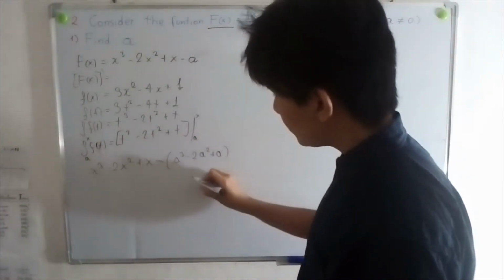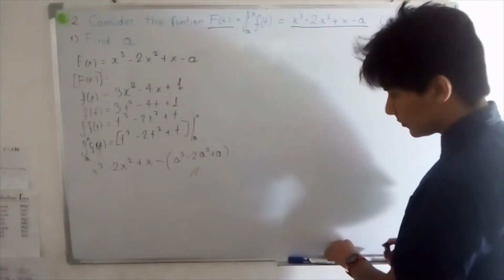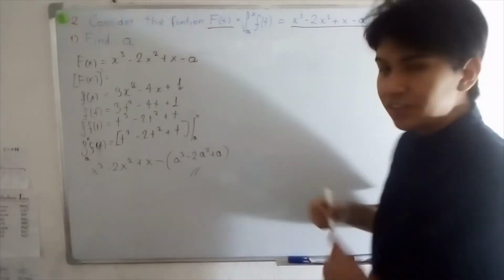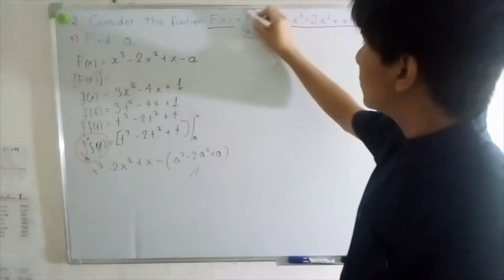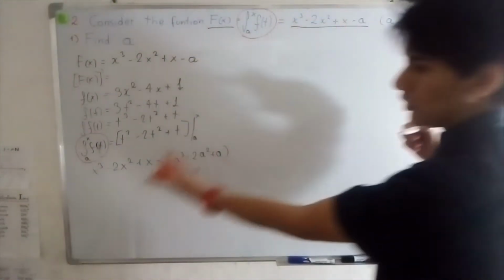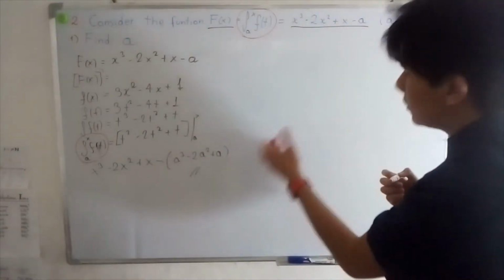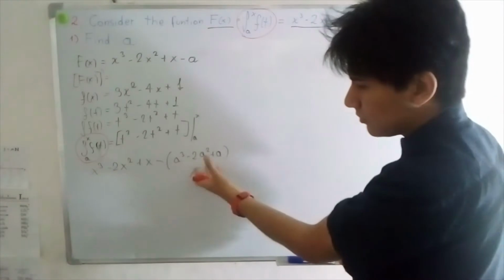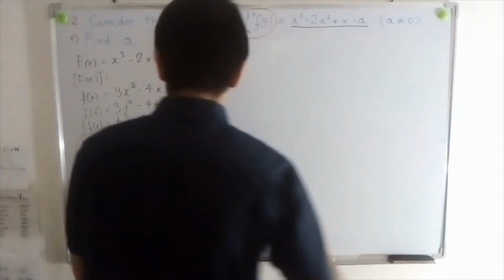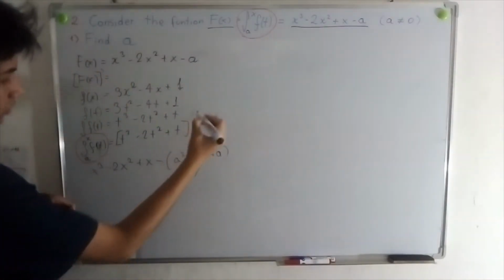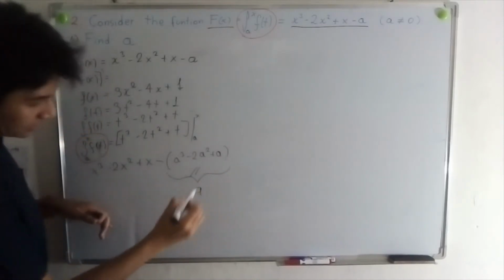Okay, and now look at that. This expression here is the same as that. Look at that: x cubed minus 2x squared plus x and minus a, but what is that? So all of this is a, okay?